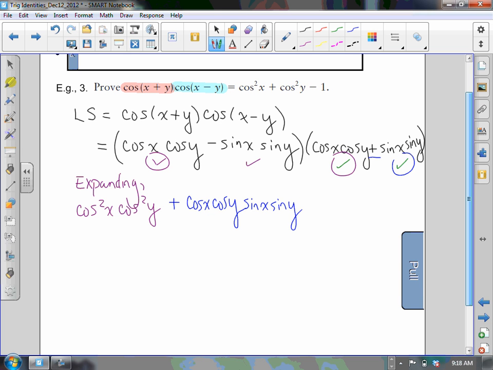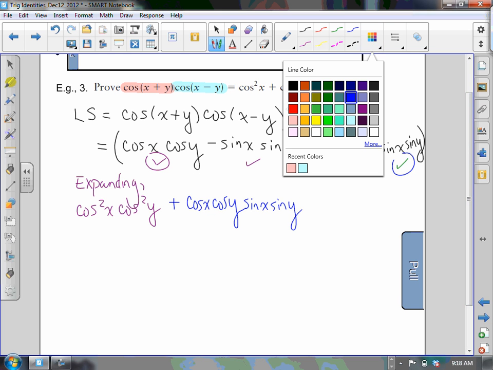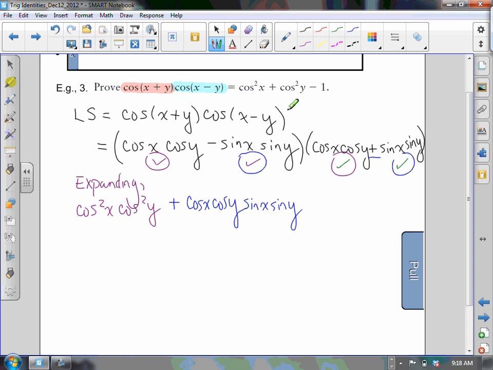Now we're going to consider an inner product. We're going to take this term and multiply it by this term. Notice the sign in this case is negative, so we'll have negative sine x sine y multiplied by cos x cos y.